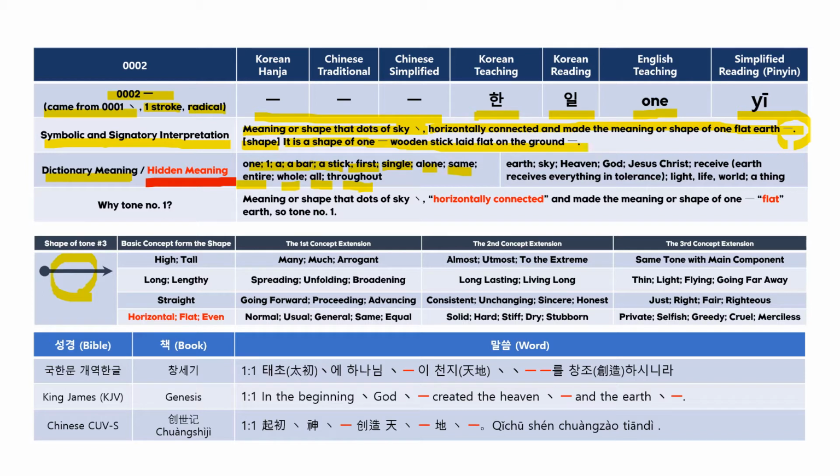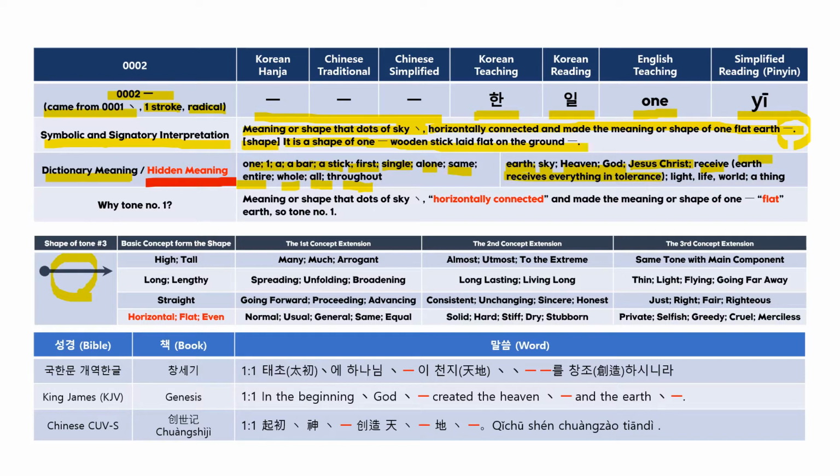So hidden meanings of this character, 1E, earth. So Chanjiin circulates among them. So 1E also means, as a hidden meaning, sky, heaven, God, Jesus Christ, or receive, because earth receives everything in tolerance.